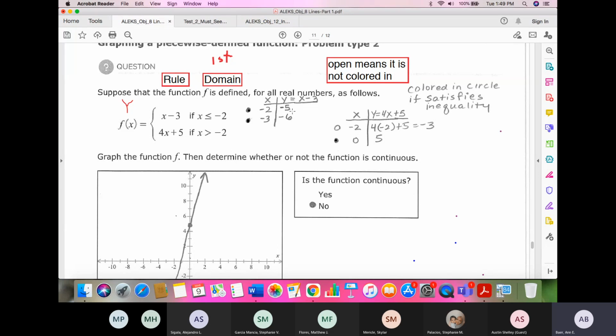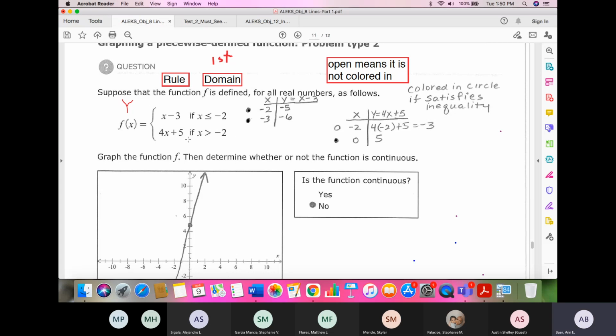Then you want to make sure that whatever else you choose for the t-table satisfies this inequality. So for the top piece here, you want to choose a number which is smaller than or equal to -2. We don't want to choose -2 again. You want to choose a number that's smaller than -2, which, if you go back towards infinity, would be -3.